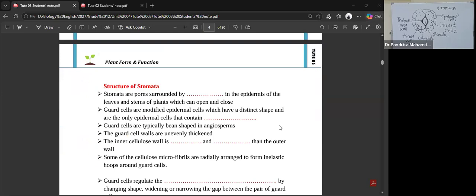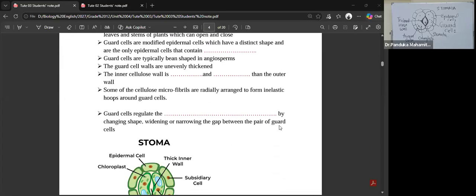So guard cells are modified epidermal cells which have a distinct shape and are the only epidermal cells that contain chloroplasts.